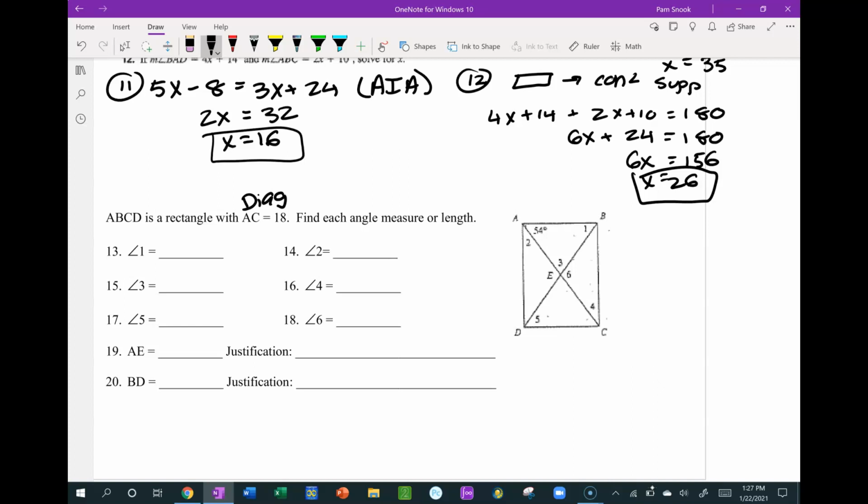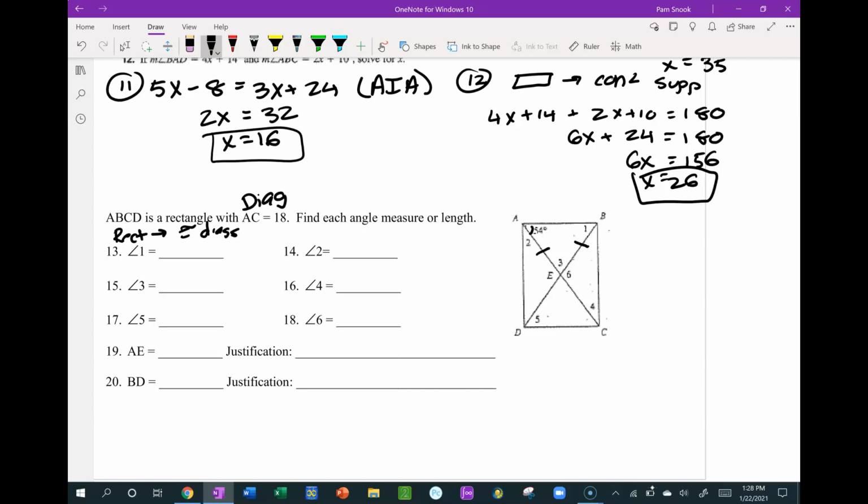Okay. So number 13 says find the measure of angle 1. Well, bear in mind that a rectangle implies that the diagonals, not only they're bisected, they're congruent. So therefore, because they're bisected and congruent, I can mark those two congruent to each other. Now I've got an isosceles triangle.